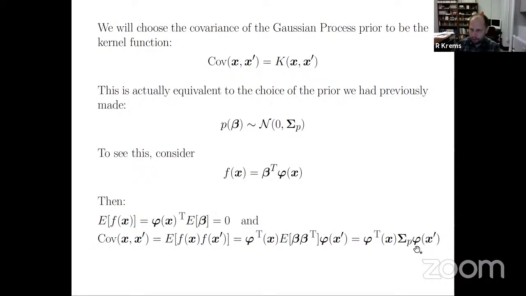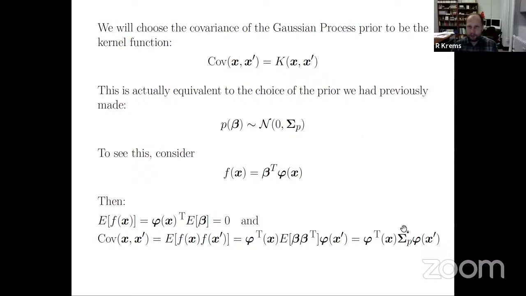Remember our discussion two days ago. So this times that is a scalar product of two vectors that represent feature maps from the input space to the feature space, and we define those sorts of scalar products to be kernel functions. That's what we did back then.